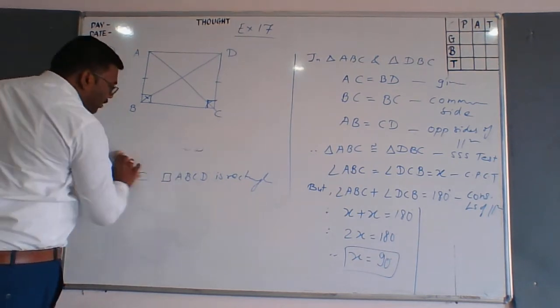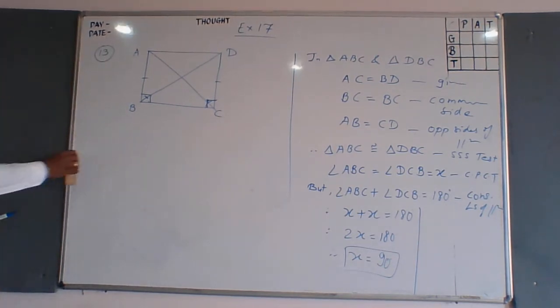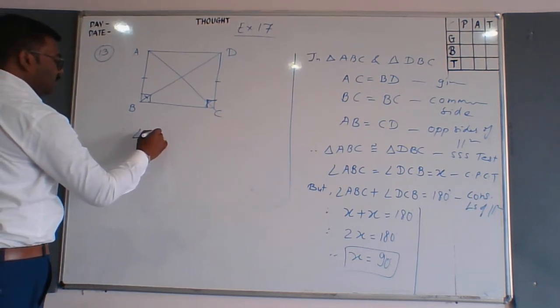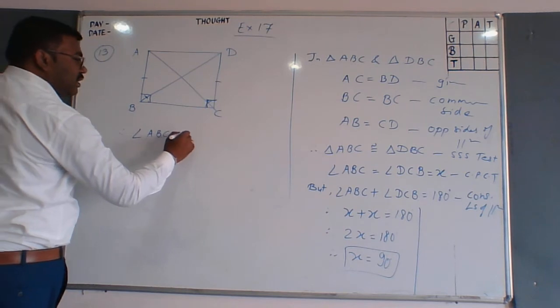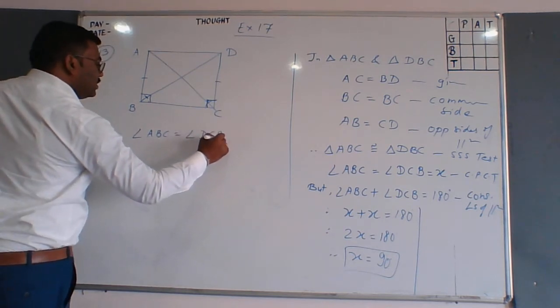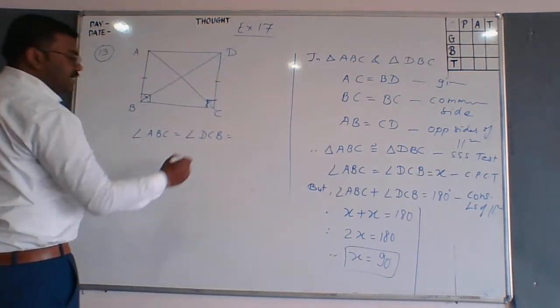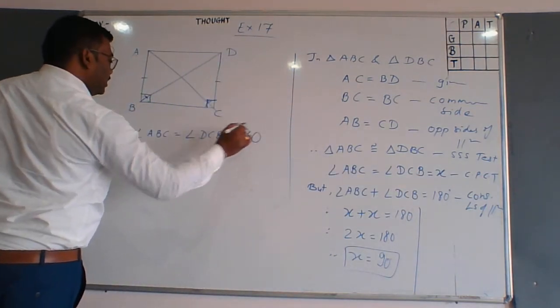So the remaining part I am writing here. So therefore angle ABC equals angle BCD, which is x, and the value of x we got is 90 degrees. Got it?